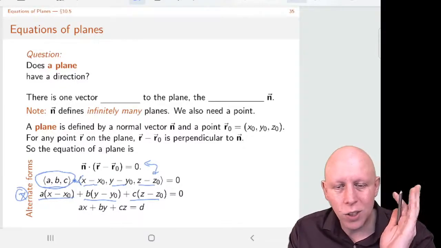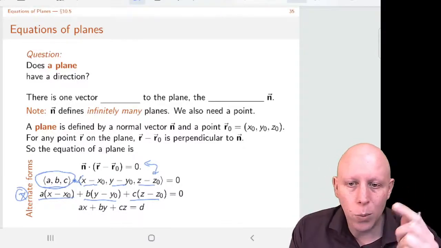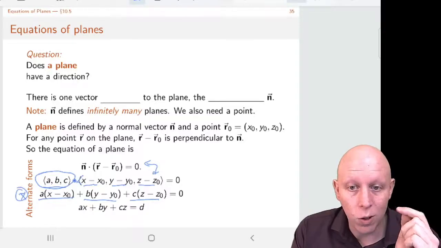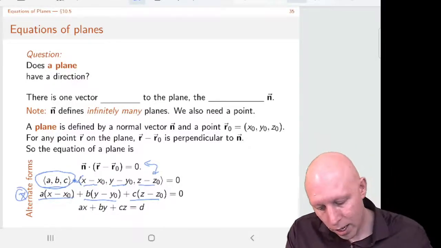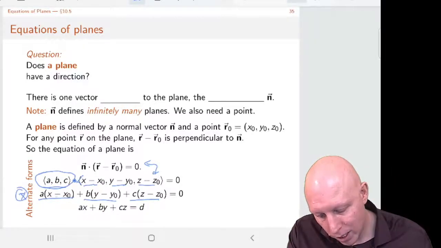This should look very similar to the point slope equation for a line, right? And then if we were to expand this, what do we get? We get ax minus ax naught, plus by minus by naught, and we get cz minus cz naught.